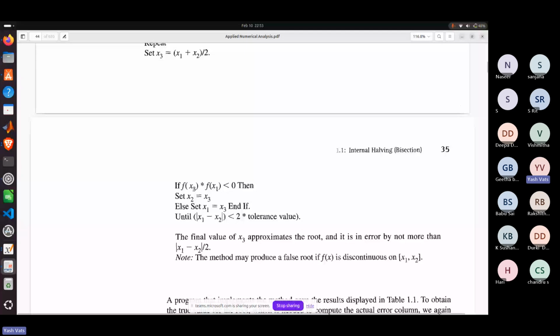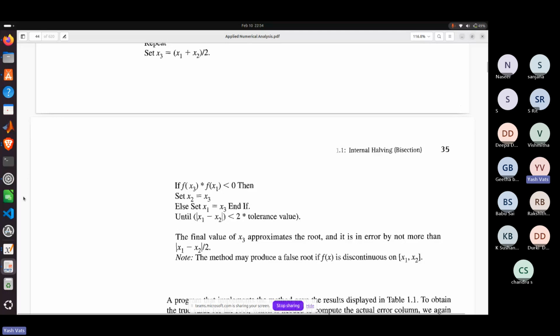It means that if x1 and x3 have opposite signs, that's why the product is less than 0, then x2 is x3, and otherwise you set x1 as x3. You repeat this until you reach a certain tolerance value for the difference between x1 and x2, so you are reaching 0. There are several ways of providing this tolerance value, and there is also mod f of x3 being less than something you can specify.